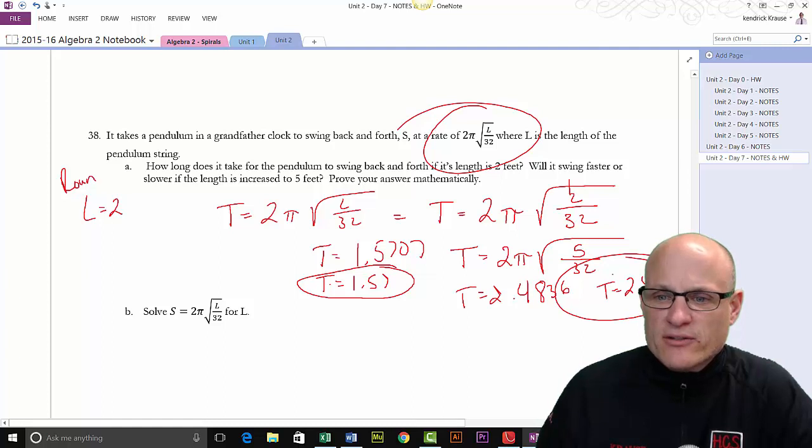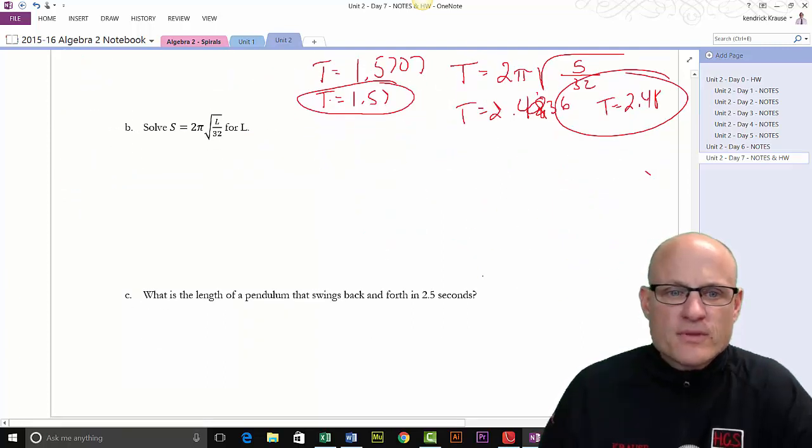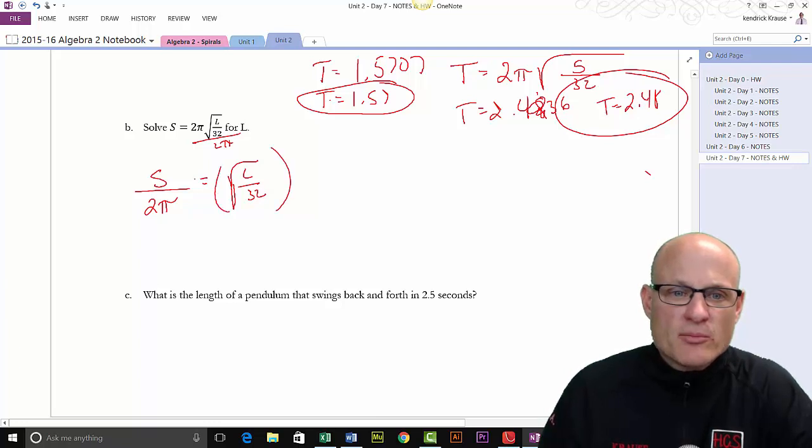Solve for L. Solve for L. So let's see. Got to isolate the radical. So S over 2 pi, because I have to divide both sides by 2 pi, is equal to the square root of L over 32. I'm going to square both sides.